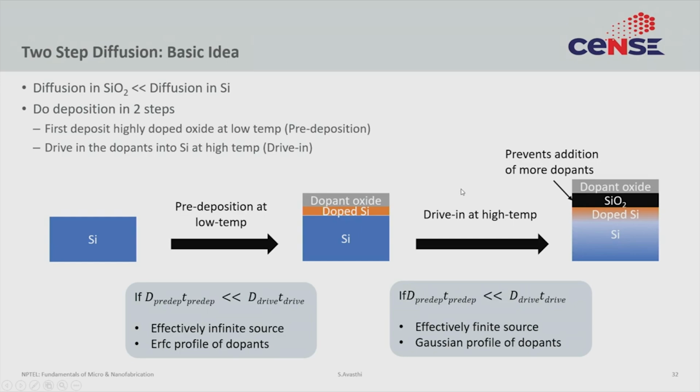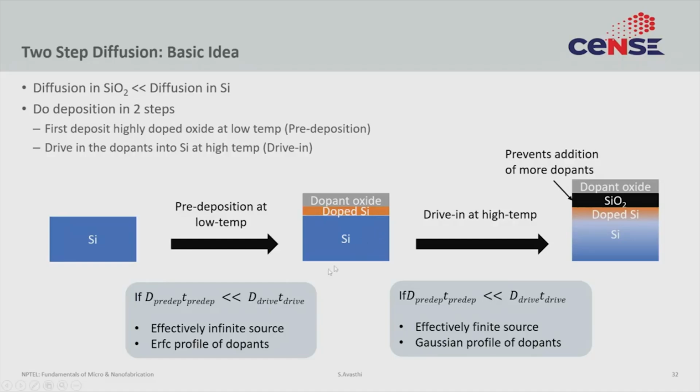Now, if you use your analysis, you would see that the pre-dep step is an infinite source diffusion problem, where you have a lot of dopant on the top and a very little amount of diffusion is occurring. And on the right, you have effectively a finite source problem, where there is a fixed amount of dopant that has already diffused through, and now that dopant will go in further, but extra dopants cannot make their way from the top into the silicon.